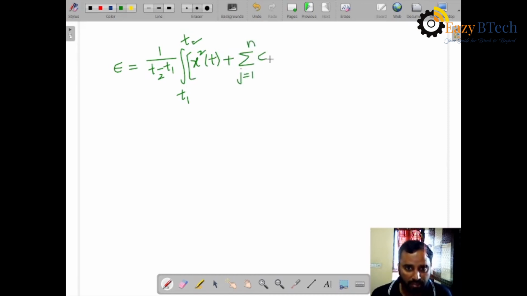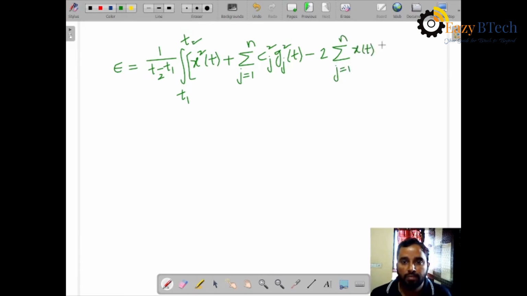What is b here? Cj gj, so cj square gj square of t, minus 2ab. So minus 2 summation j equal to 1 to n, where a is x of t and b is cj gj of t, integration dt.